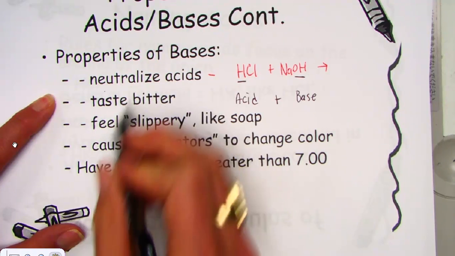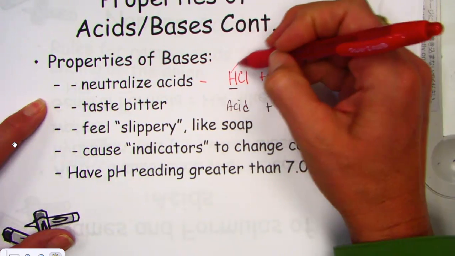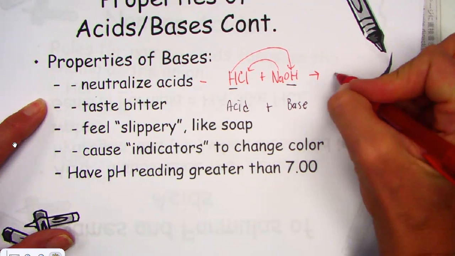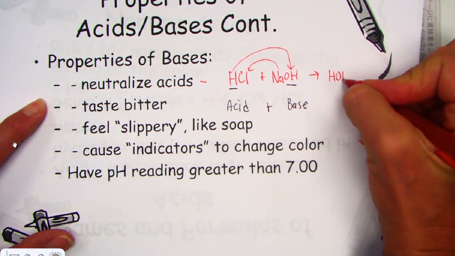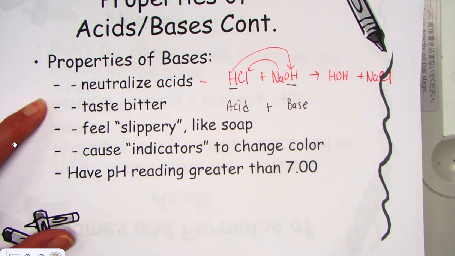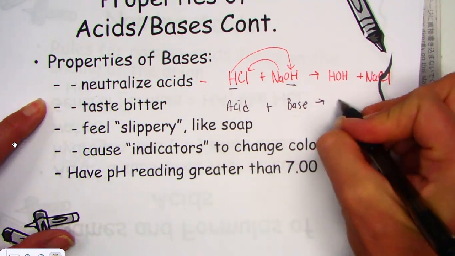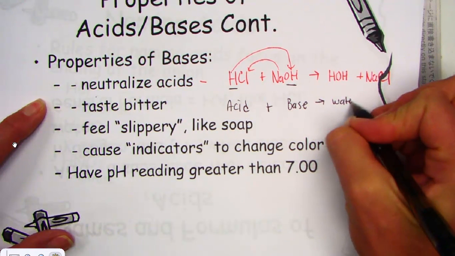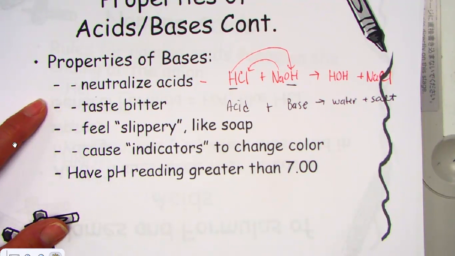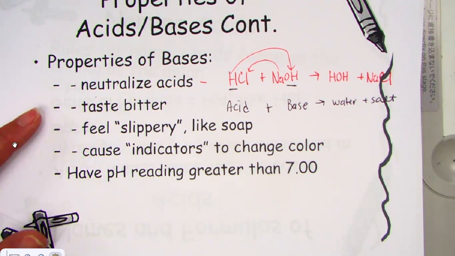The driving force here is nothing more than an old double displacement, a very familiar pattern to us, where HOH, commonly written as water, and NaCl are the products of this acid-base neutralization. When an acid neutralizes a base, it creates what's called a salt, sodium chloride, and water.